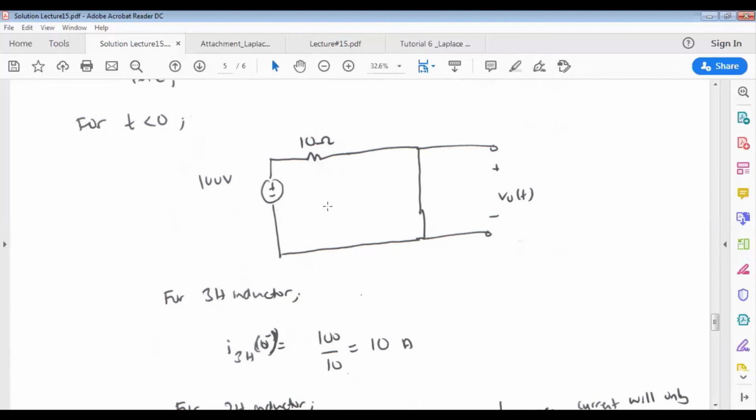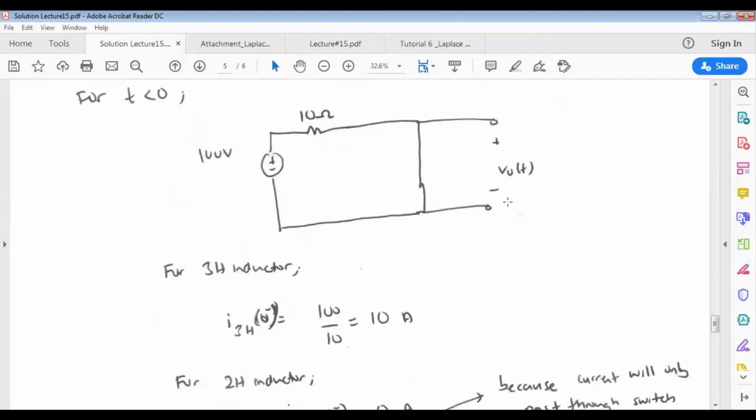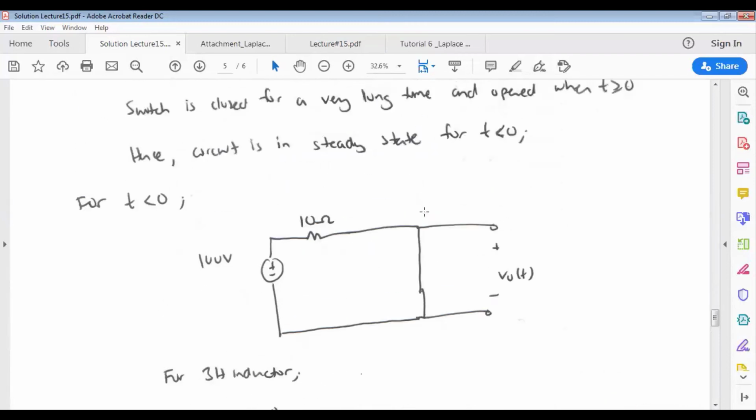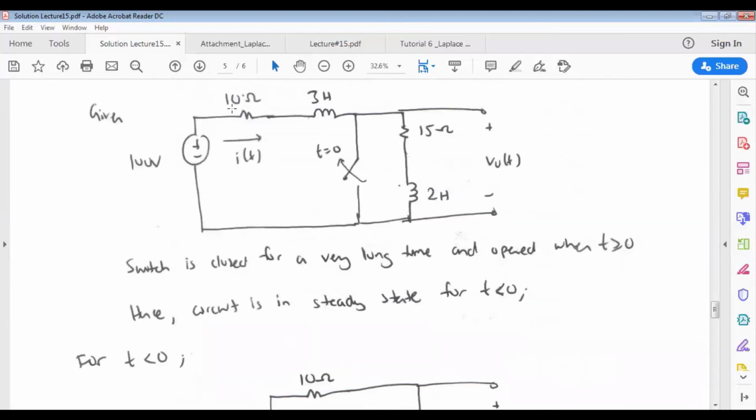Whereas for the 2 Henry inductor, the initial current is 0. Why? The current will be short-circuited in this path. The current will only pass through this path. It won't pass through this second path, because this is a short circuit path.